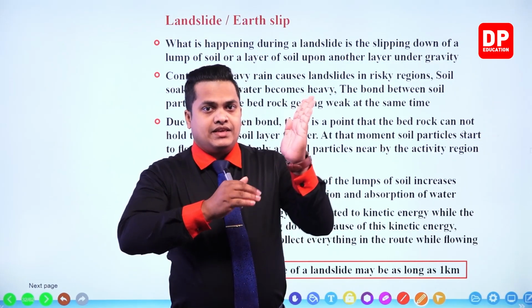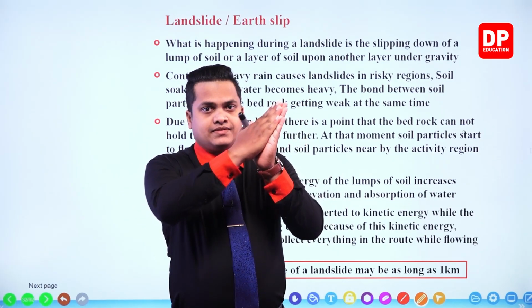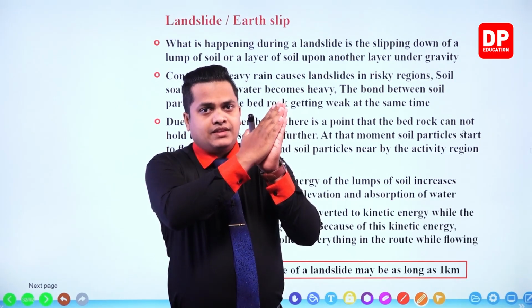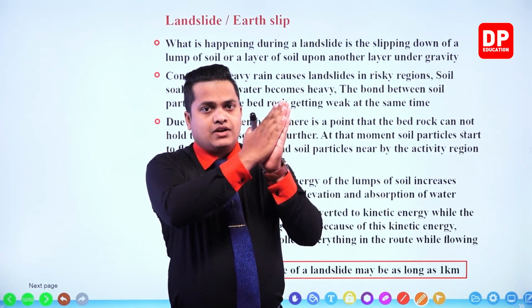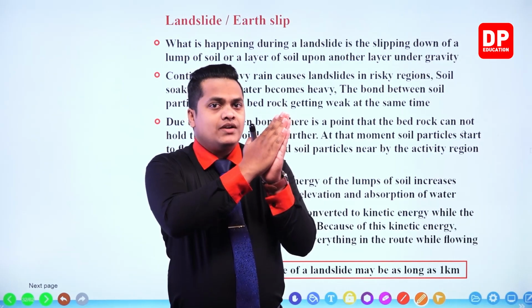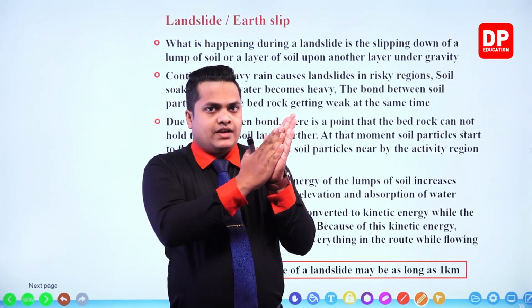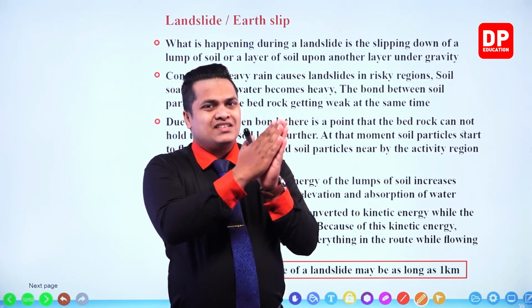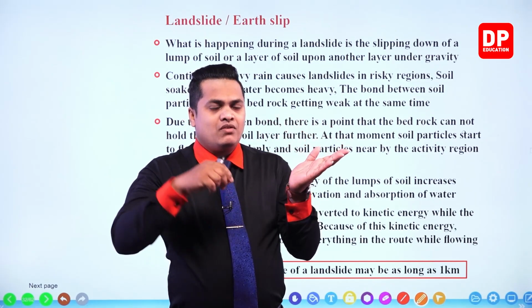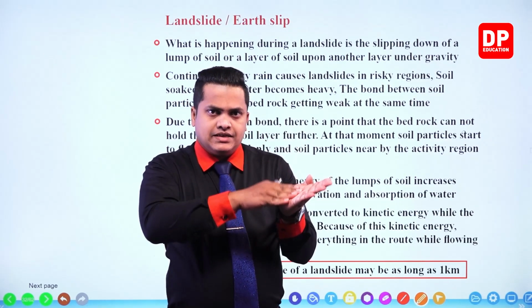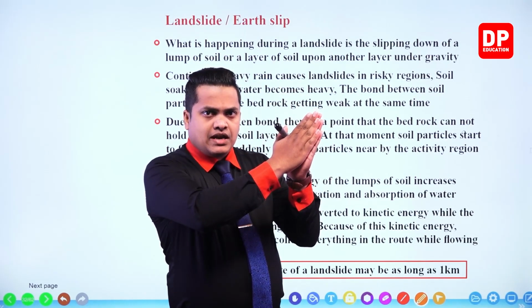One is like this and the other one is like this. During the dry season, these two layers are going to firmly hold each other, right? The slipperiness is somewhat less. But what will happen if I put some water into this layer? Then I keep my hand like this.